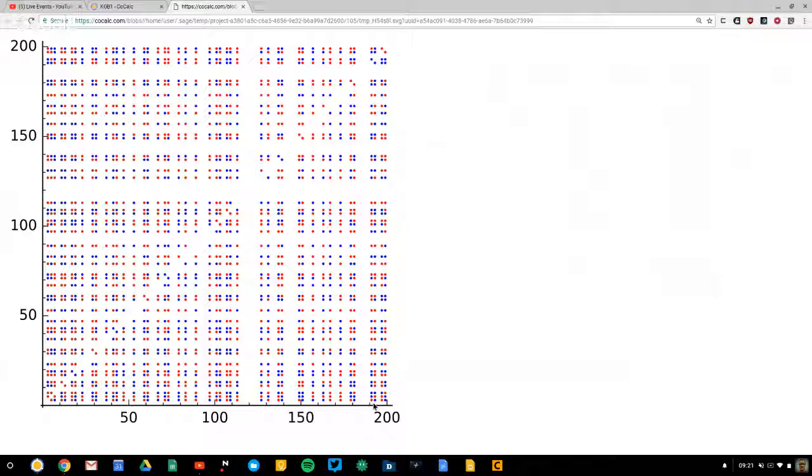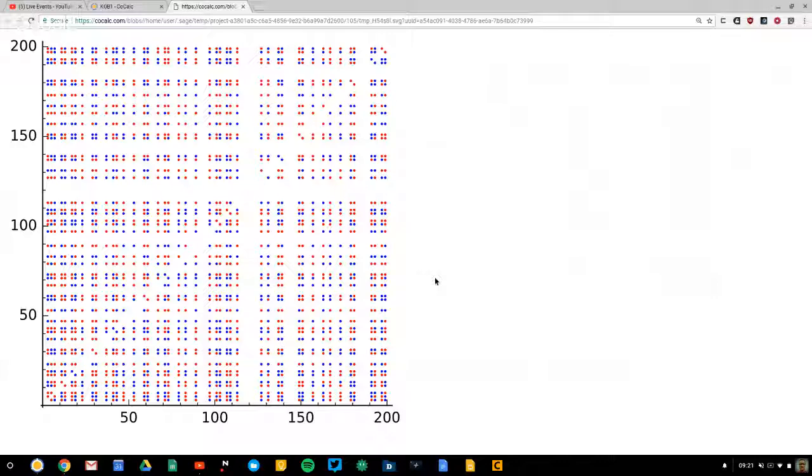Blue, red, blue, four reds, blue. So some of the rows are symmetrical with their columns, and some of them aren't. That's a bit weird. Now, if we're investigating this question of symmetry, we're not so much interested in whether any particular dot is a +1 or a -1.